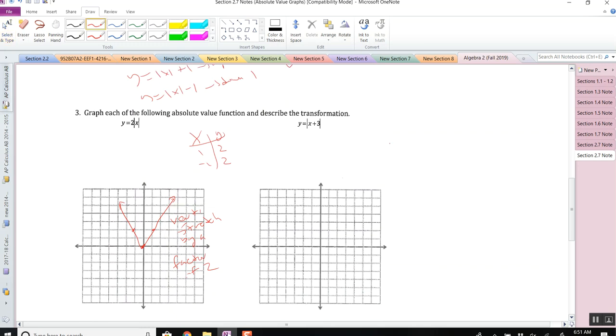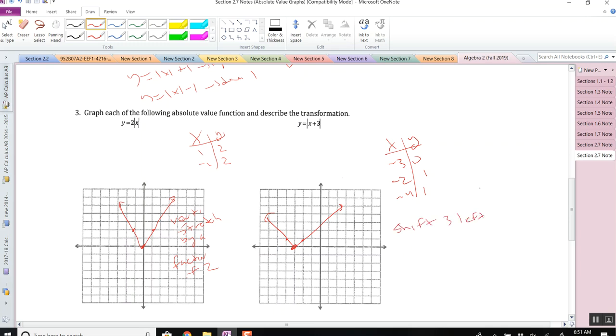Now in this case, it's going to move to the left, because if I plug in -3, I get 0. That's my new vertex. If I plug in -2, I get 1, or -4, I also get 1. So this shifted 3 left.